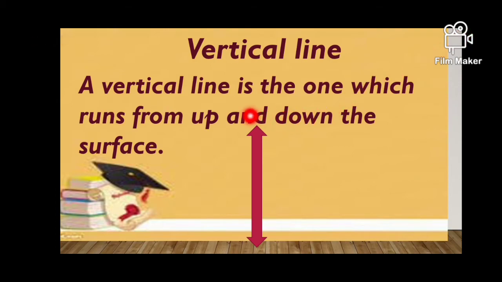You can see this line is called the vertical line because it runs up and down, while the horizontal line runs from left to right. So this line, you can see, is the opposite of the horizontal line.